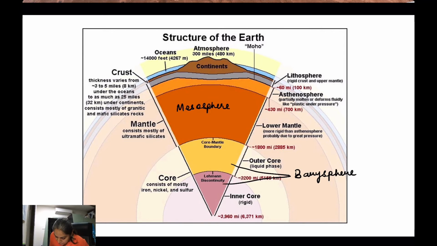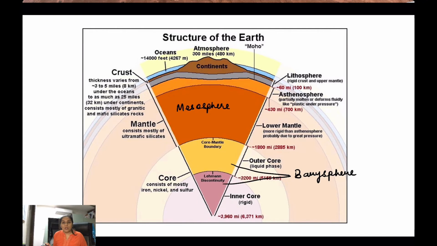Now, the asthenosphere was up to 700 kilometers. The lower mantle, on the other hand, goes on till 2,885 kilometers here. In the NCERT, it says somewhere around 2,900 kilometers. And then the outer core goes on till 5,155 kilometers, and the inner core goes on till 6,371 kilometers.